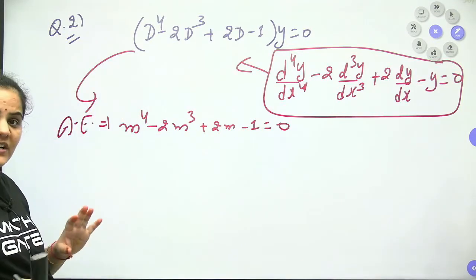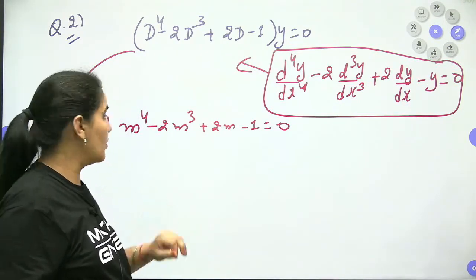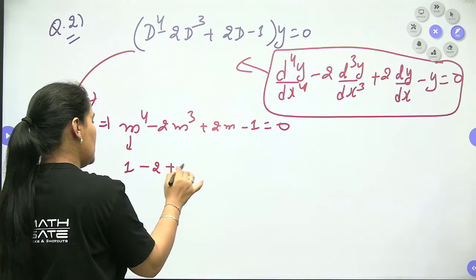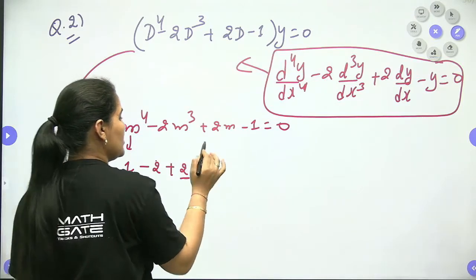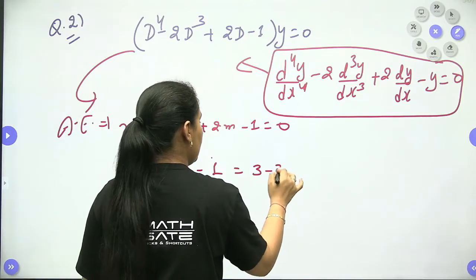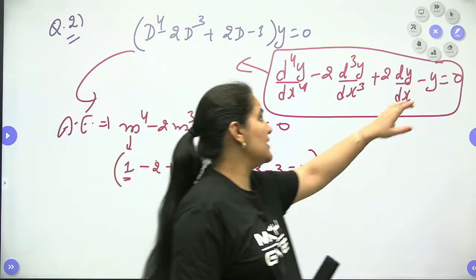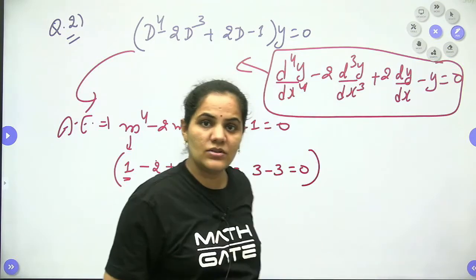Let's look at the coefficients. Is the sum of all the coefficients equal to 0 or not? Here the coefficients are 1, minus 2, plus 2, minus 1. 1 plus 2 is 3, minus 2 minus 1 is minus 3. So it will be 0 only. Yes. So hence we can approach the same thing which we discussed in the last question.